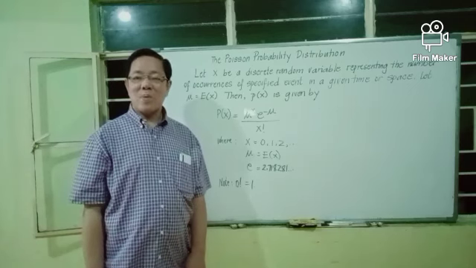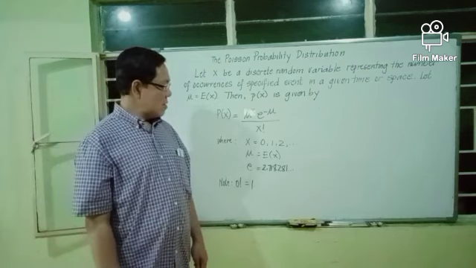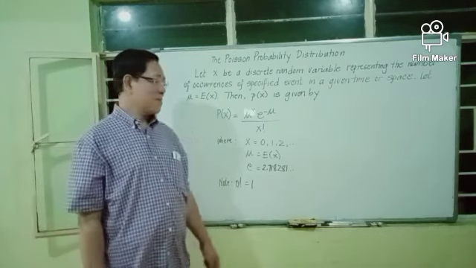That is, it begins from 1 and it ends at a specified number, depending on the sample or number of trials.